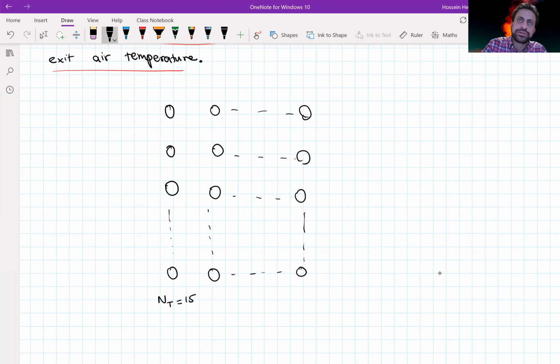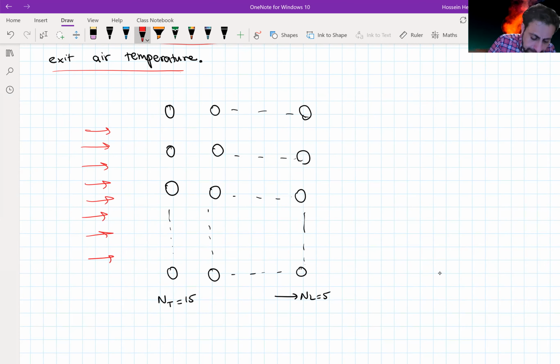So along the direction of fluid, we would have NL equal 5. So we have 5 of these rows of each 15 tubes, and there is air flowing through this tube bank, and the air could be supplied by a fan or something like that.